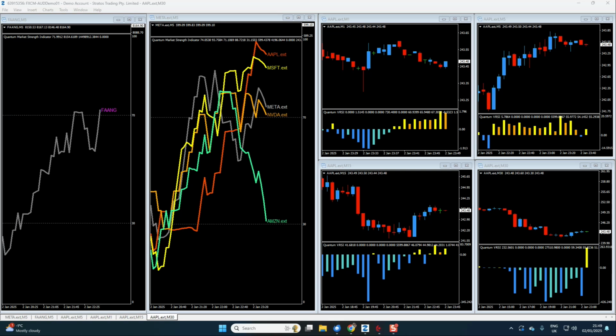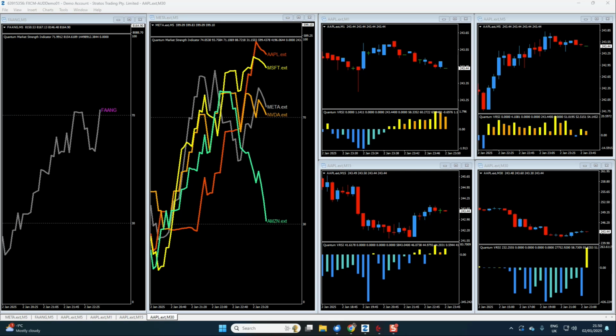What's interesting is that 4 of them are rising in lockstep, and yet Amazon has reversed, and quite strongly, which is something we would want to know about for 2 reasons. Firstly, if we were trading Amazon, that may give us a heads up that Amazon is out of step with its partners. There may be a good reason, such as news particular to Amazon.